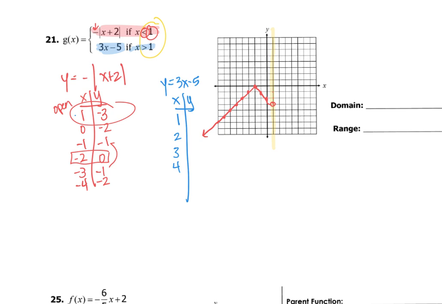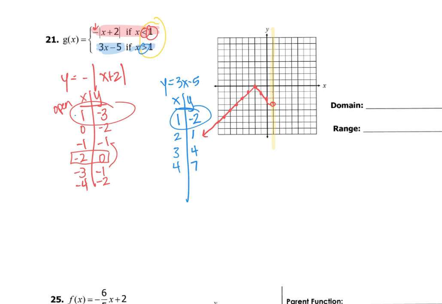When we plug in 1, we get 3 times 1 is 3 minus 5 is -2. When we plug in 2, we get 3 times 2 is 6 minus 5, which is 1. We plug in 3, we get 4, and when we plug in 4 for x, 3 times 4 is 12 minus 5 is 7. Okay, that should be enough points for now. Looking at the first dot I'll make on the wall, 1, -2, is it open or closed?